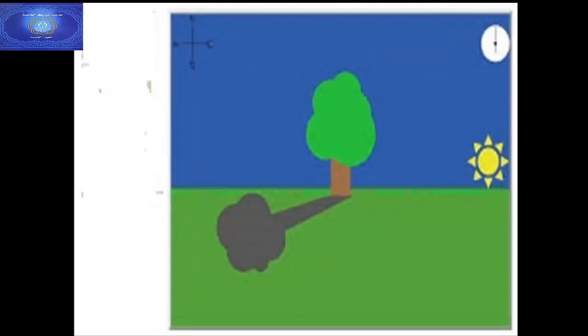If the sun is on the right side, where does the shadow form? On the left side. This tells the time.